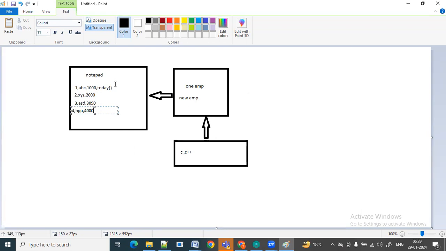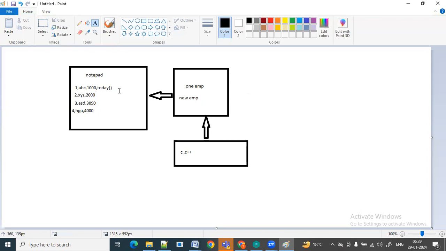Initially, before the 60s or 1950s, we had limited people and limited work to do, so that notepad was sufficient.